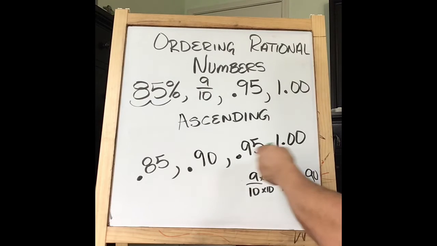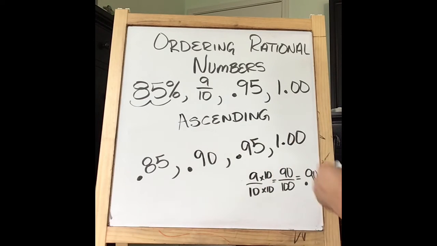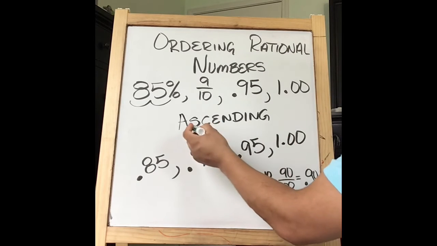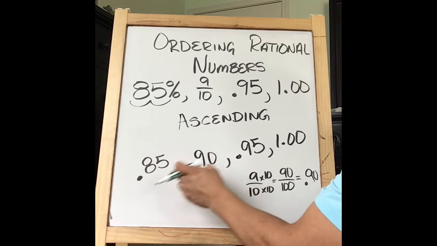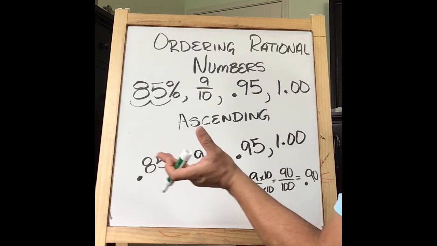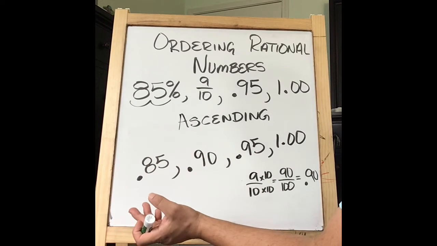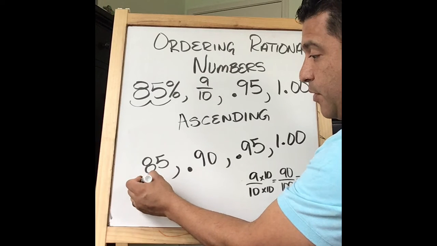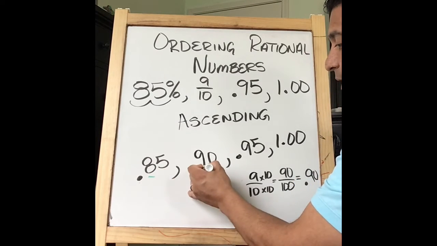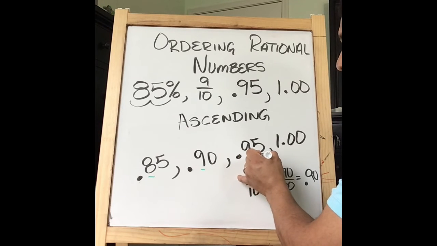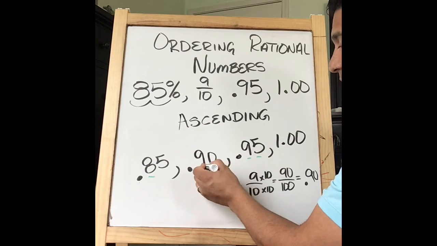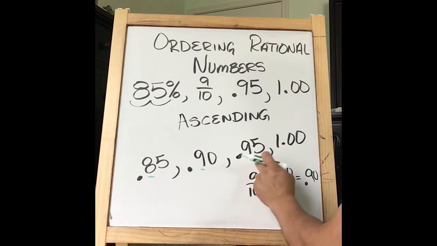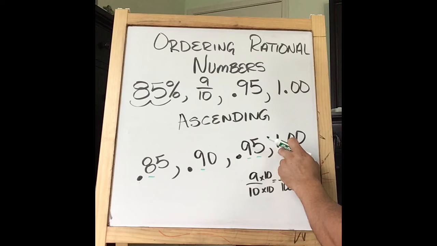I can arrange these in the way they are ascending, the smallest to the biggest number. So the way I am going to ascend is I am going to look at all these numbers and determine which one is smaller and which one is bigger. Well, if you look at it, most of them are already done. 0.85, 0.9, 0.95. 0.90 is smaller than 0.95, so then this would be smaller. And now what about this one? This is a 1.